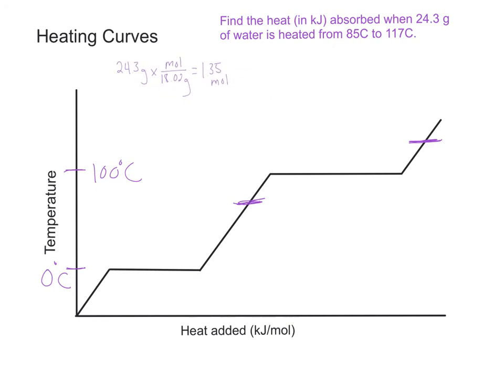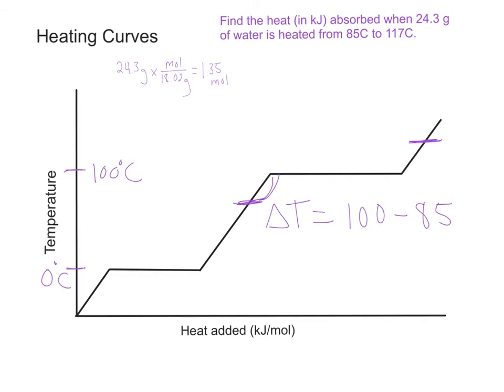I want to figure out what my Q will be when I know that my first delta T for this portion right here will be 100 minus 85. Okay, because we are figuring out how much heat it takes to increase the liquid water from 85 degrees Celsius to 100 degrees Celsius before we get to the boiling point.